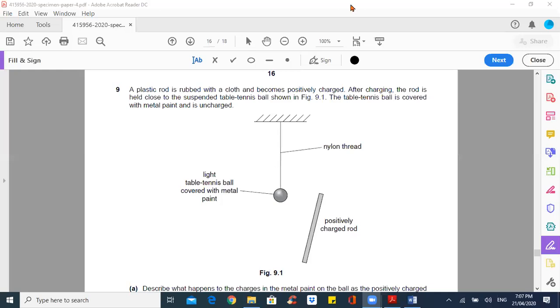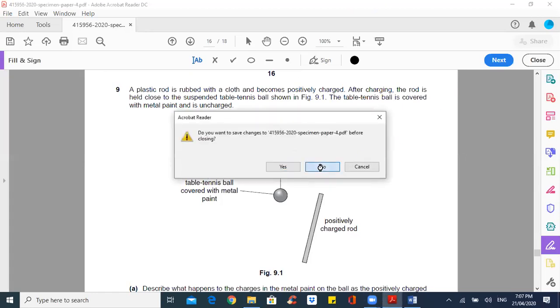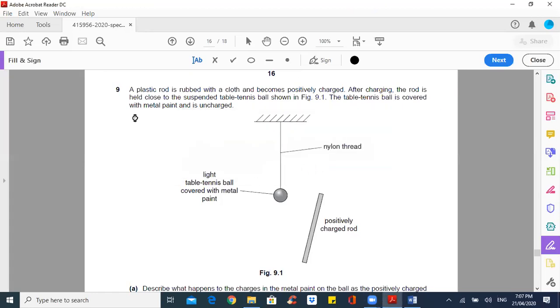All right, so we're gonna do now the CSEC paper, CSEC January 2019.